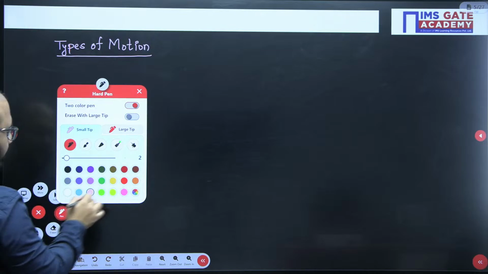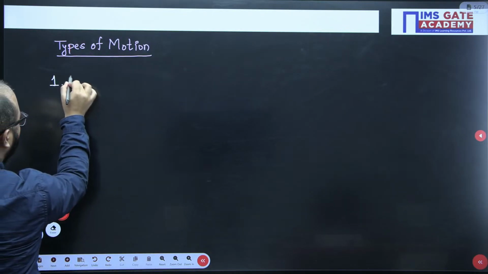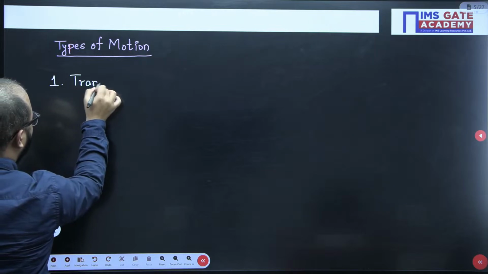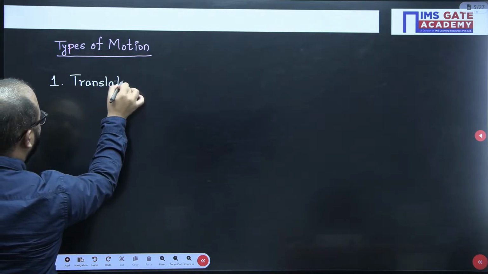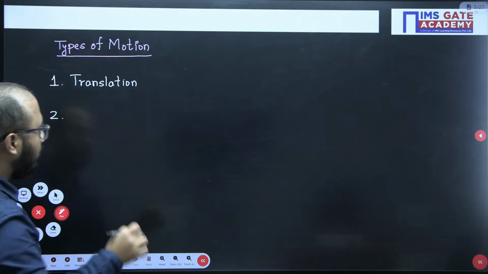Types of motion. Now in types of motion, first of all, we will be having translation. Second, we will be having rotation.